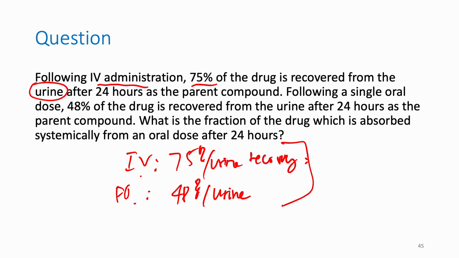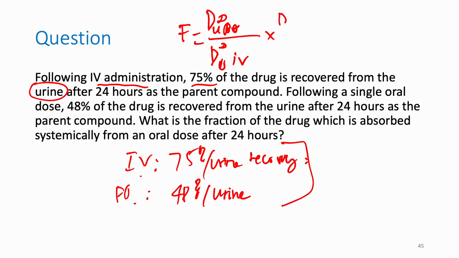Now we go back to the equation, calculate the absolute bioavailability using the cumulative urinary drug excretion. So F will be the cumulative urinary drug excretion of the oral, du of oral, divided by du of the IV.